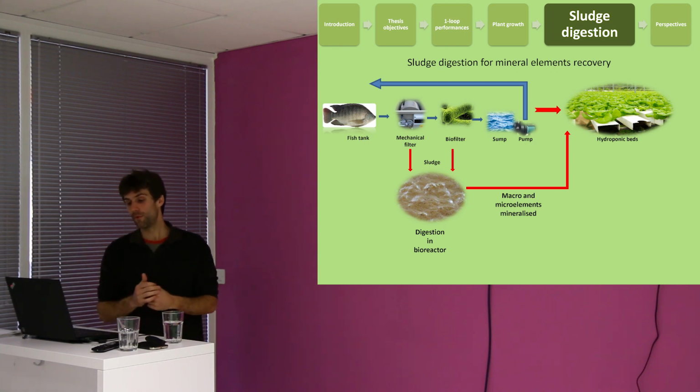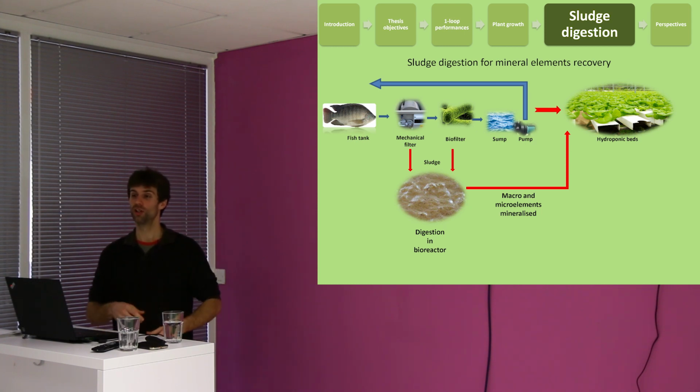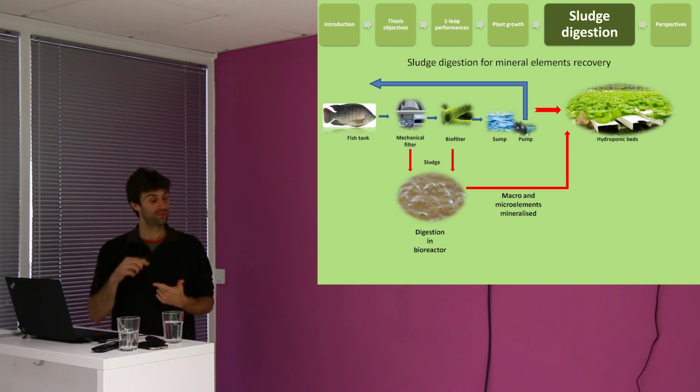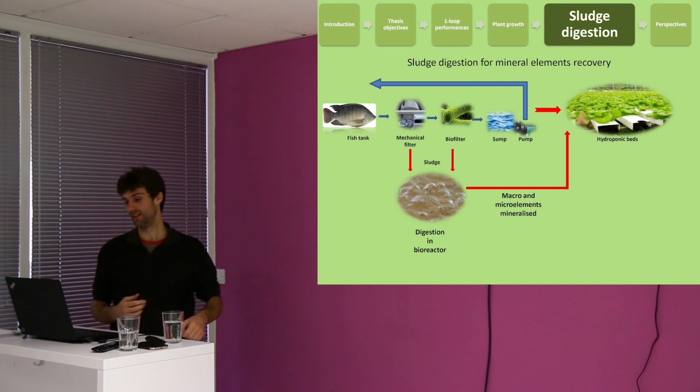So we should reduce the nutrients in this sludge to, one, avoid discharging to the environment, because we saw that we actually discharge a lot with sludge and water exchange, even in a one-loop system. And second, as I just showed you, if we increase the nutrients, you can increase the yield. So it's really interesting to do that.